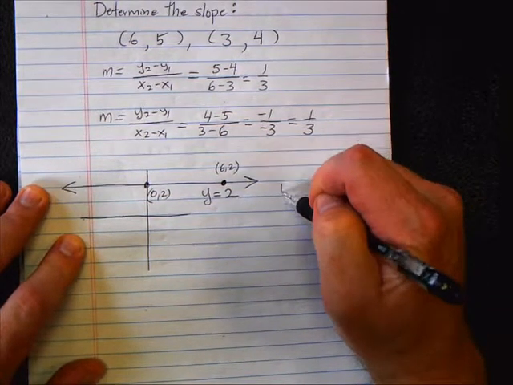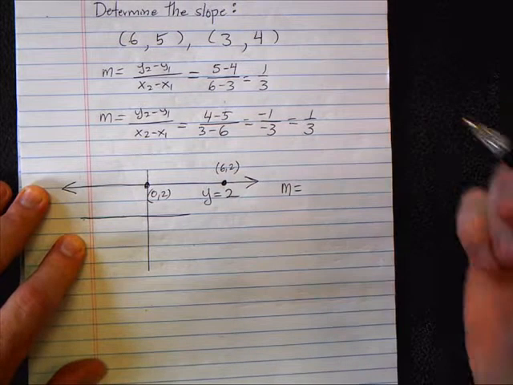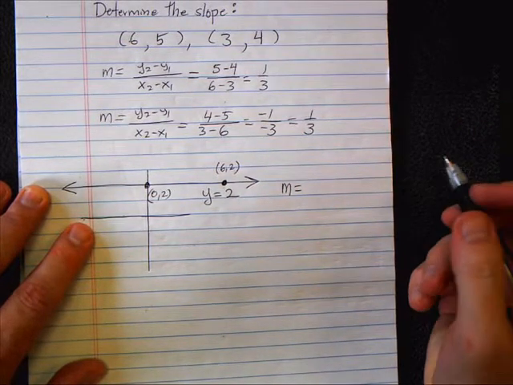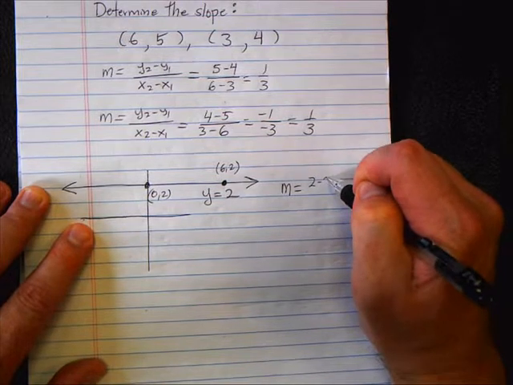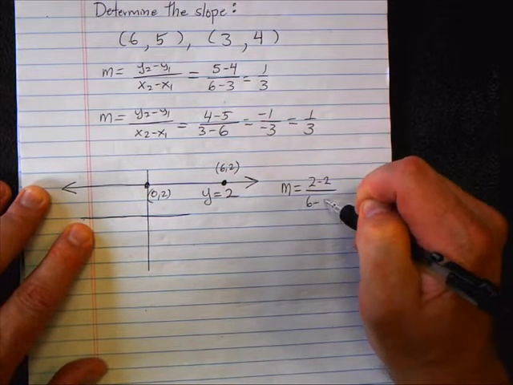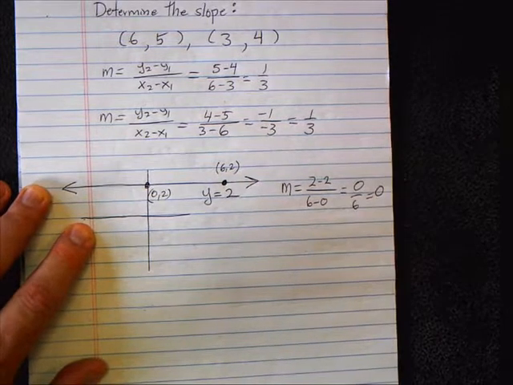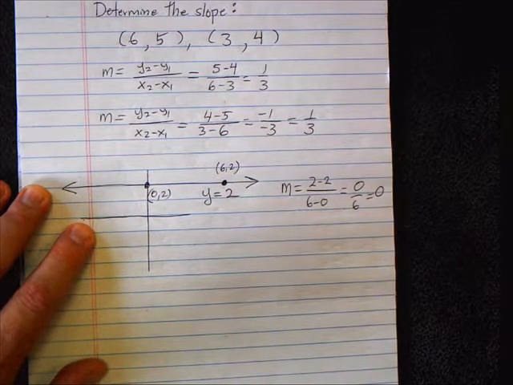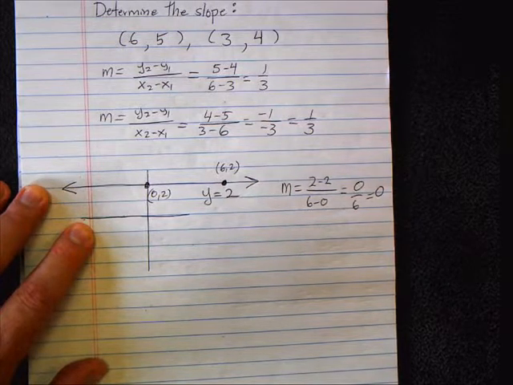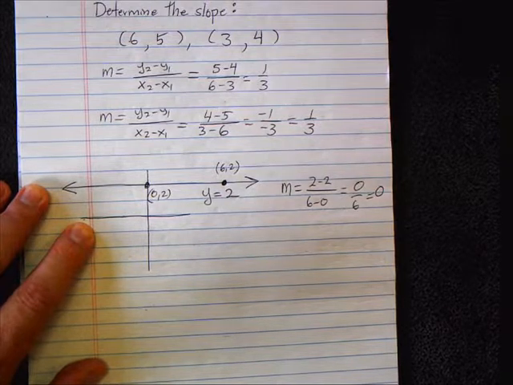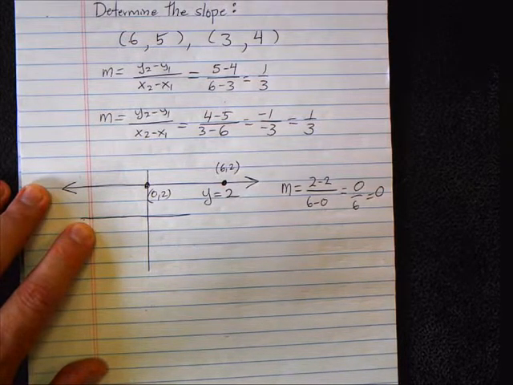If you wanted to write it all out, it could be 2 minus 2 over 6 minus 0. That's 0 over 6, which is 0. So the slope is 0. And that makes sense, because when you have a horizontal line, it doesn't rise at all. So you're going to have 0 on top. Your rise is always going to be 0, and your run will be some number depending on where your points are.